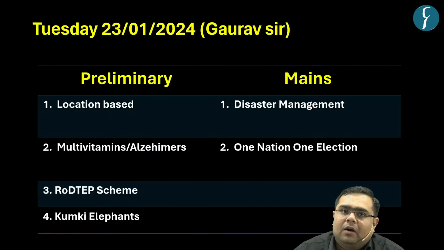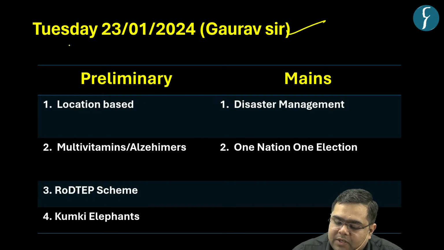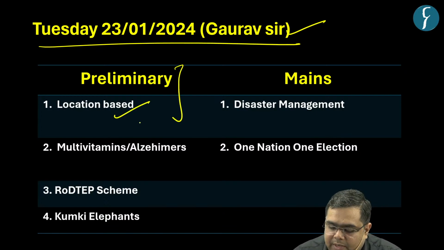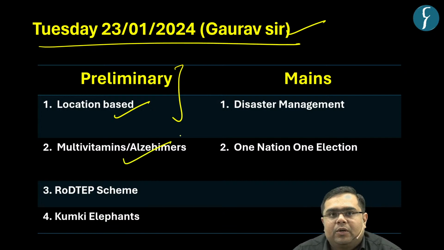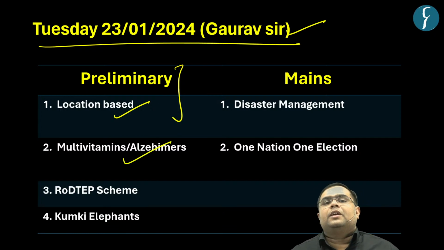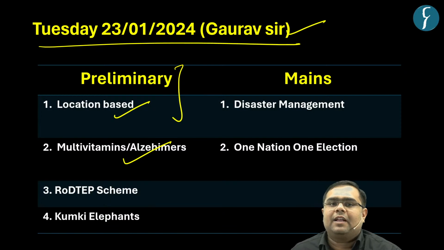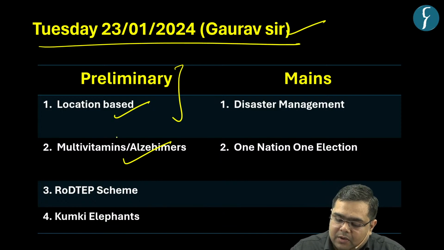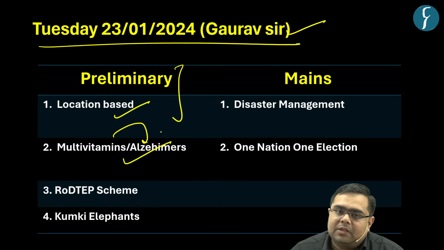Moving ahead to Tuesday, the session was taken by Gaurav sir. From the preliminary standpoint, we took the issue with respect to, first one was location based, second one was with respect to the news that appeared in the newspaper back then, that regular intake of multivitamins may reduce the risk of Alzheimer's disease.